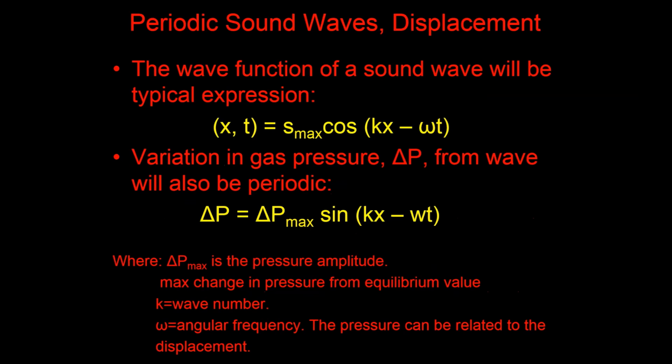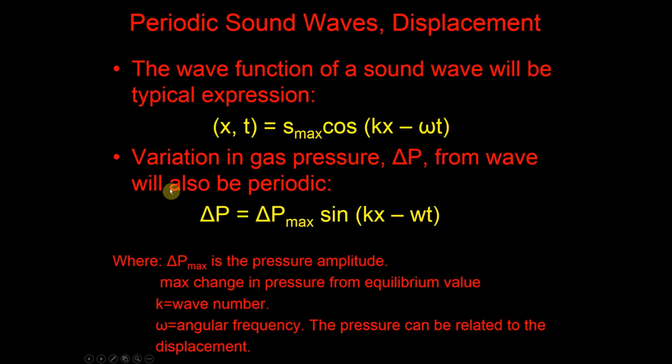So here's just a bit of a reminder from when we were looking at periodic waves. When we look at the displacement, we're looking at some maximum amplitude times some cosine term. And here we're looking at kx minus omega t, our familiar wave number, angular frequency, and time. So looking at gas pressure, delta P, we can see our periodic wave.